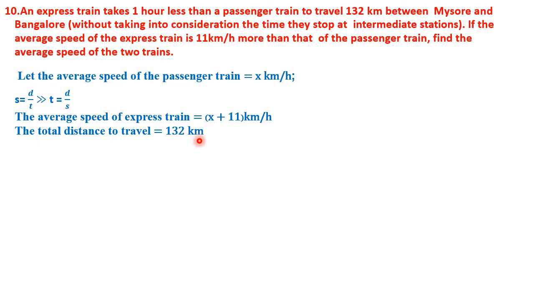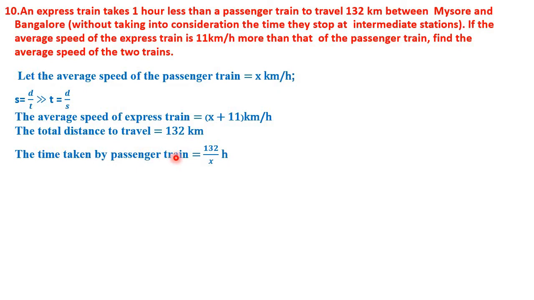Now, the time taken by the passenger train is equal to distance divided by speed. Here, the distance is 132 kilometers and the speed of the passenger train is x.